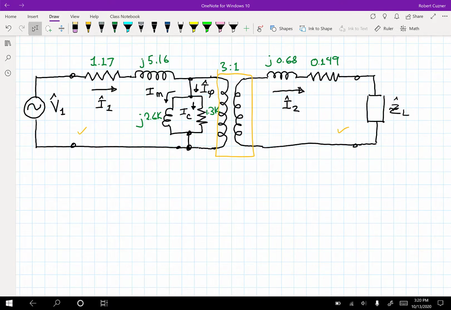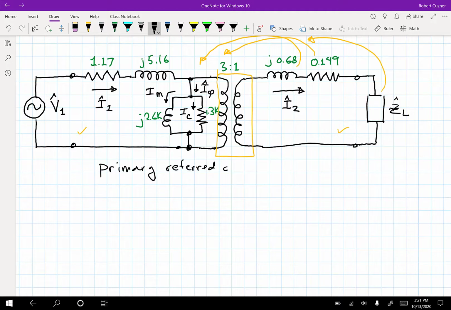That's the reason why we do the transformations to the other side. So what we would want to do is take all of the parameters and the currents, voltages, when I say parameters, I mean the impedances, and move them over to one side or the other so that we can be looking at everything from either a primary referred or a secondary referred perspective. That's the first thing we need to be able to do.